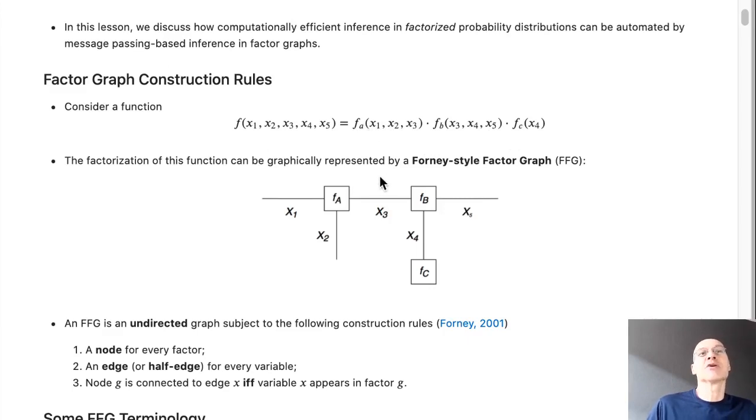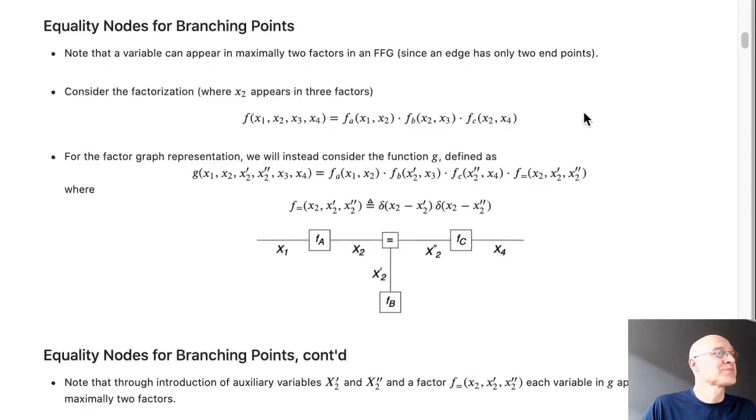That's a problem because an edge has only 2 endpoints. I cannot connect an edge to 3 nodes, right? This edge here for x5 is only connected to 1 node, x4 to 2 nodes, but I cannot connect an edge to 3 nodes. So there's a trick around this.